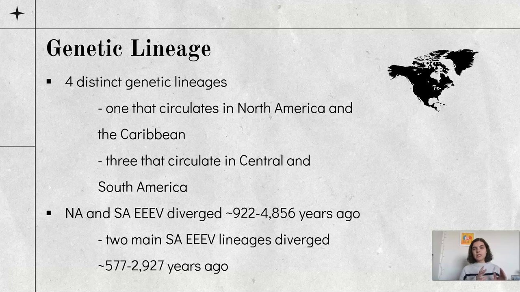The North American lineage is highly conserved with less than a 2% nucleotide sequence difference across strains, whereas the South American lineage is not as clearly associated with human disease and found more in equine diseases, which makes it harder to study this lineage and limits research because it's not as relevant to humans.